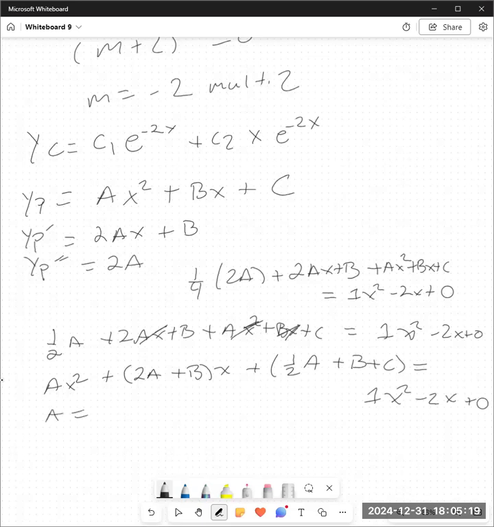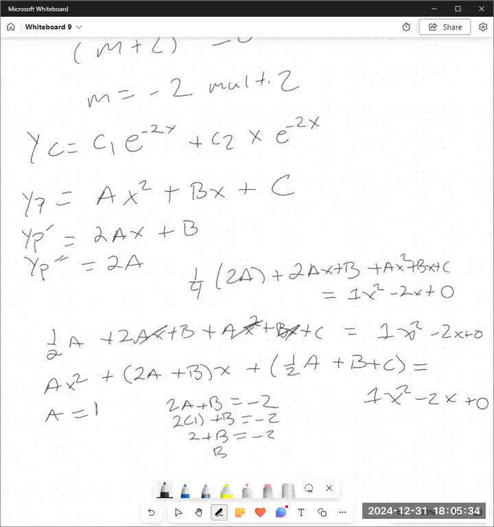So a is equal to 1. 2a plus b is equal to -2. a is 1, so 2 times 1 plus b equals -2. 2 plus b is -2, and b is -4. And then 1/2 a plus b plus c equals 0.